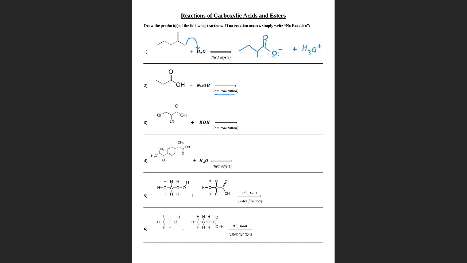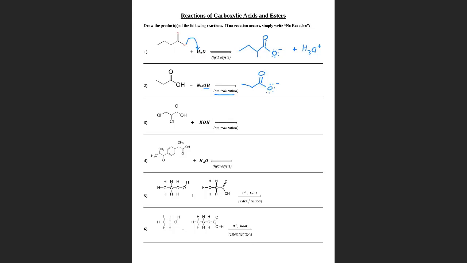Then we're going to look at a similar reaction, neutralization. Neutralization does something very similar, except that instead of ending up with an H3O plus, the OH minus here is going to rip off that hydrogen, neutralize it, and form water. So with a neutralization reaction, you get the deprotonated acid, just like hydrolysis.